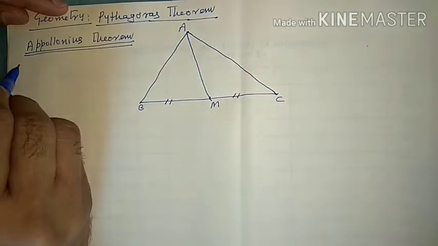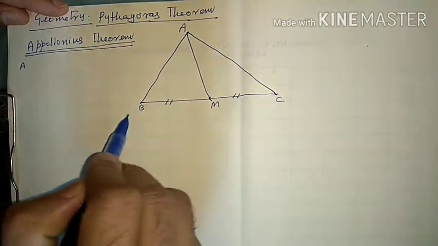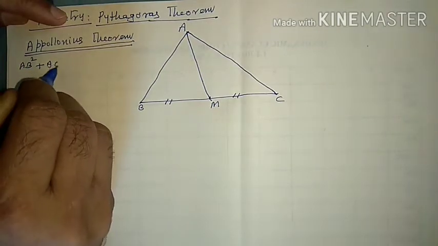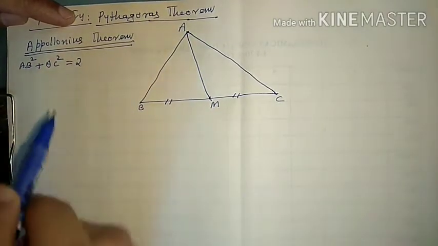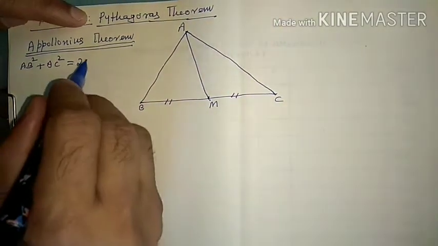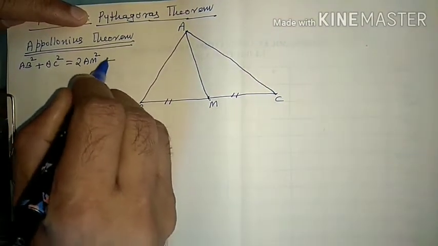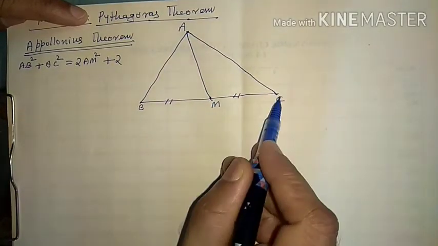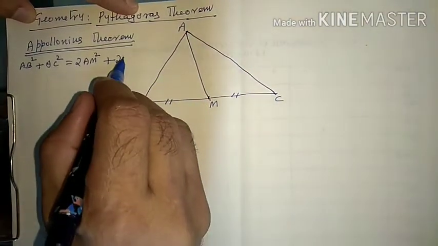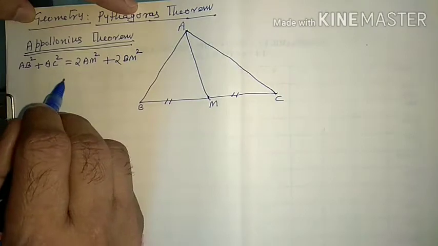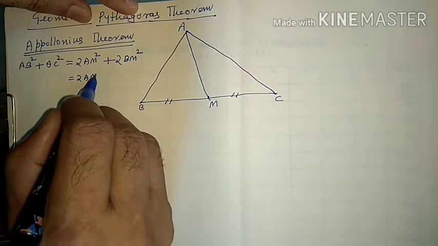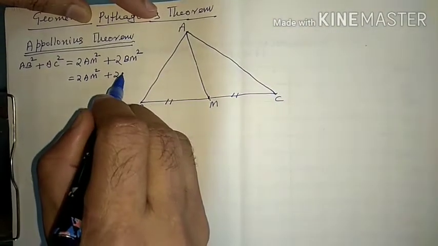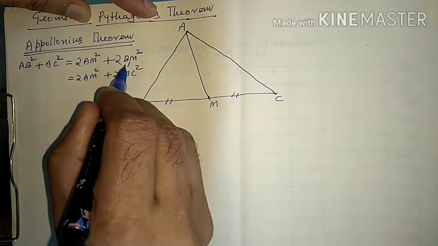What does the Apollonius theorem say? Here we have to prove AB square plus AC square is equal to 2 times median square, AM square, plus 2 times either BM square or MC square. We take BM square. Instead of BM we can write CM or MC. These two are equal.